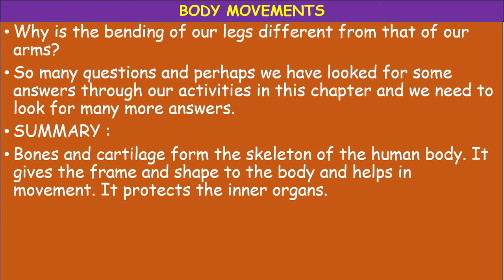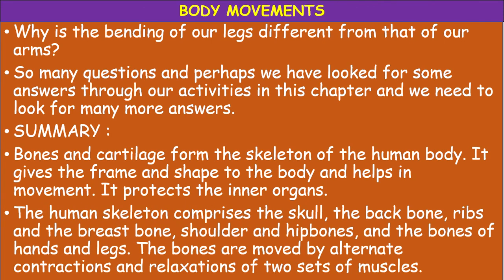It protects the heart and lungs. The skull or cranium, the bony box present in the head, protects the brain. The vertebral column, the backbone, protects the spinal cord, isn't it? And the pelvic girdle in the pelvic region protects the kidneys. The human skeleton comprises the skull in the head, the backbone, the ribs, the breastbone, shoulders, hip bones, and the bones of the hands and legs.